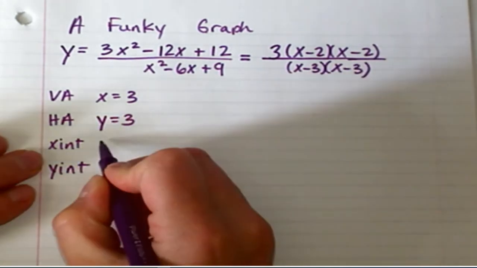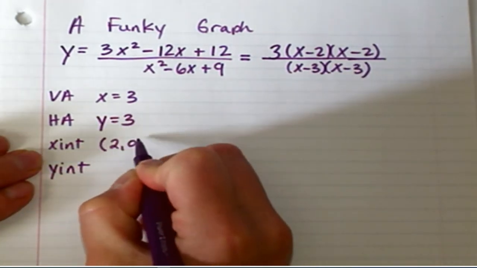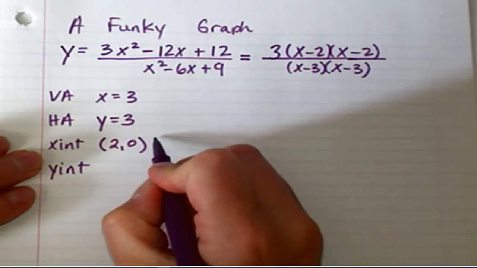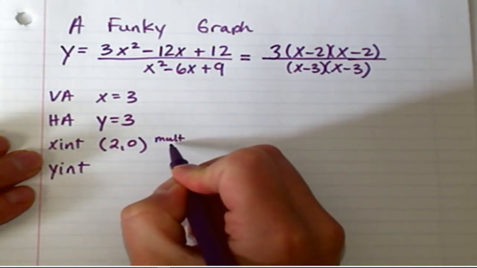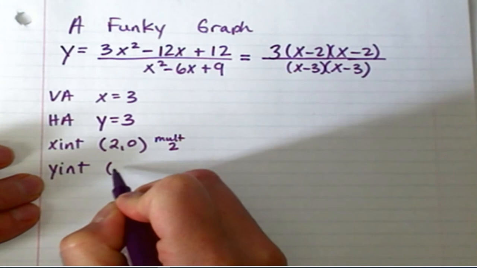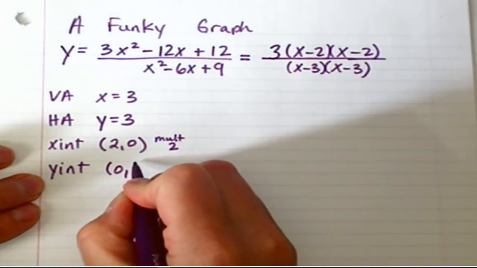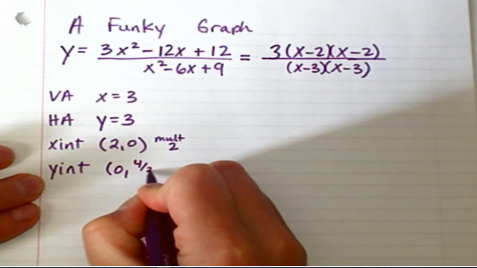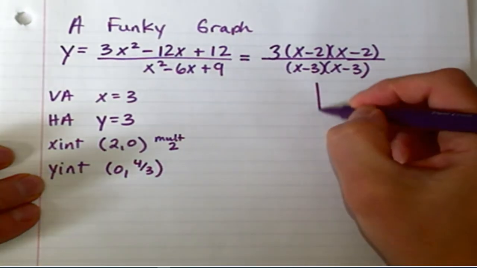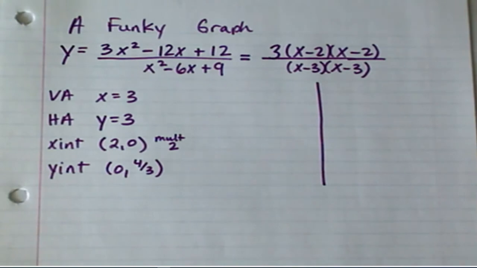This is y equals 3. 2, 0, even though, you can make a little note, multiplicity of 2. And the y-intercept, 12 over 9, is 4/3.